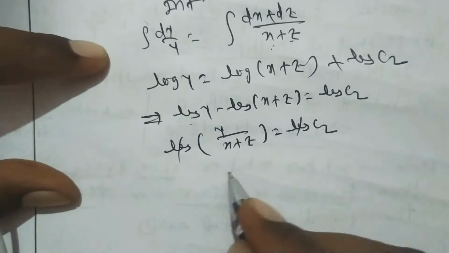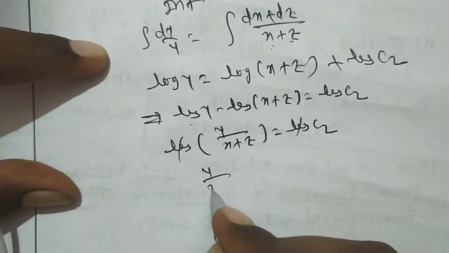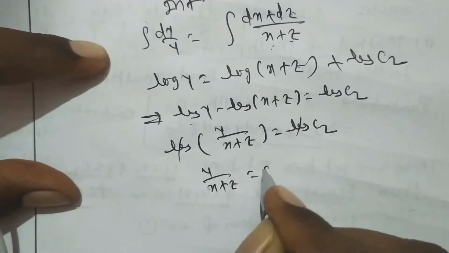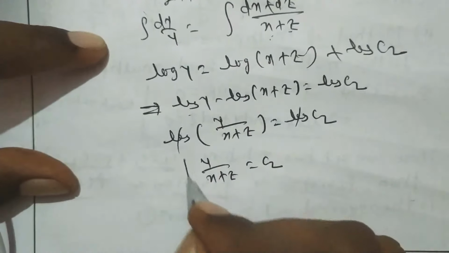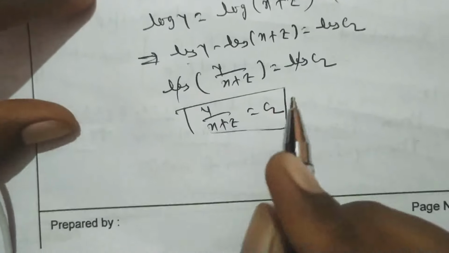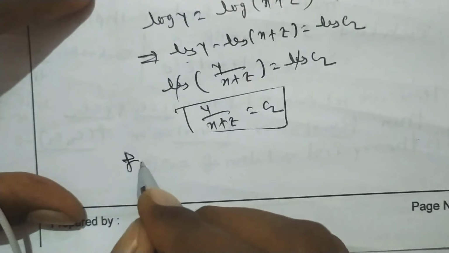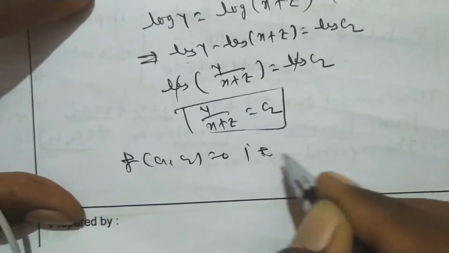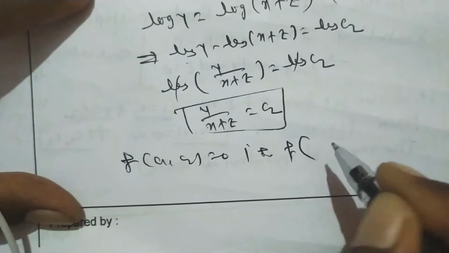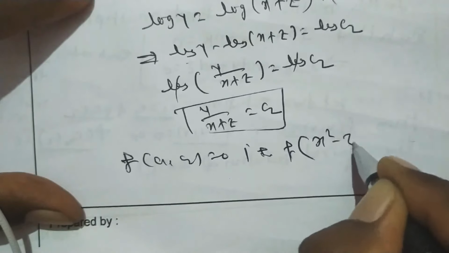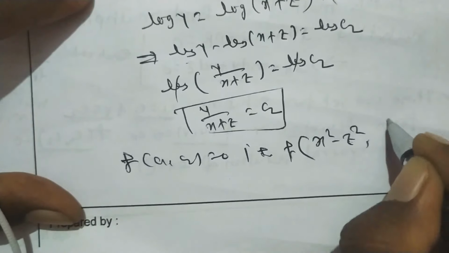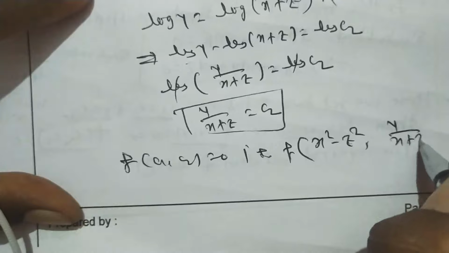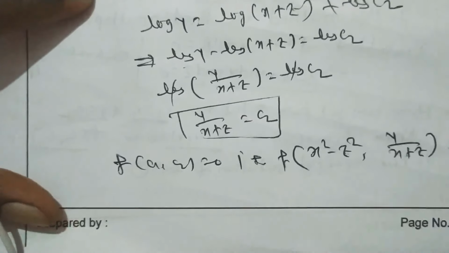So the log gets cancelled. The answer is y upon x plus z equal to c2. So this is the second solution. Therefore the final answer of the given problem is f of c1, c2 equal to 0, where c1 is x square minus z square and c2 is y upon x plus z.